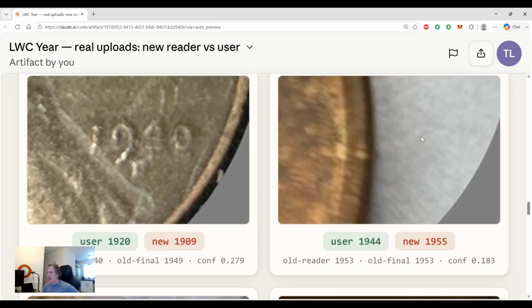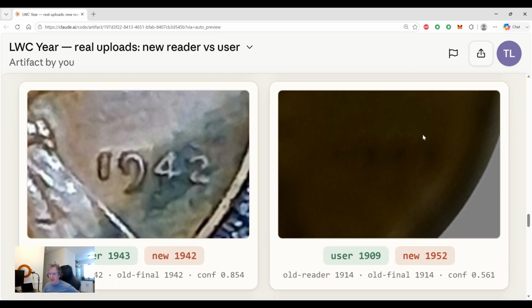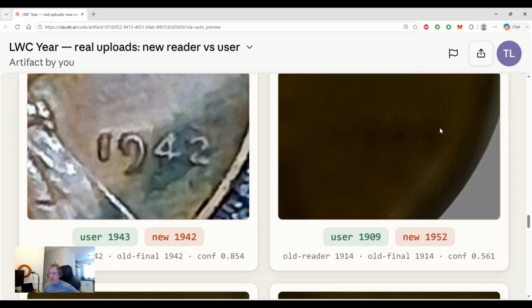We still have about 1 in 20, I think it was 4%, so 1 in 25, where the crop is just not coming through. So that's part of the whole idea of getting the images crisper. Well, this looks pretty clear, 1942. So in this case, the user just got it wrong.